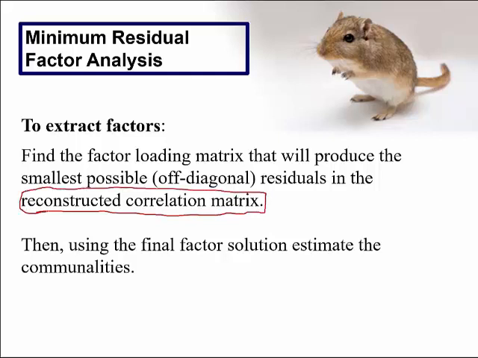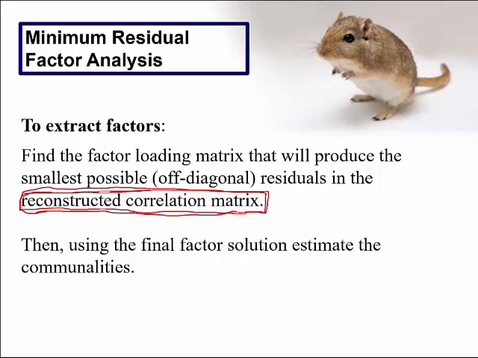Recall that we talked about 2 different ways that we can look at how well a factor is working. We could look at how much variance in the x variables is explained by the factor. That's one way. But then we also talked about how we can reconstruct the correlation matrix and the extent to which the reconstructed correlation matrix matches the actual correlation matrix also gives us an index of how well that factor is functioning.